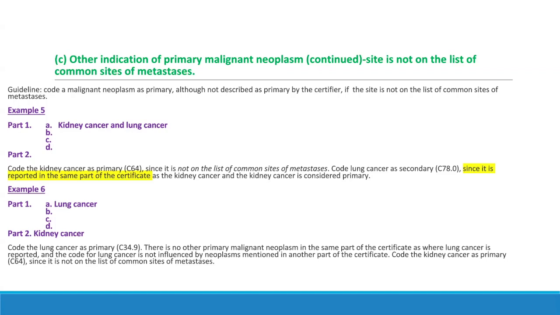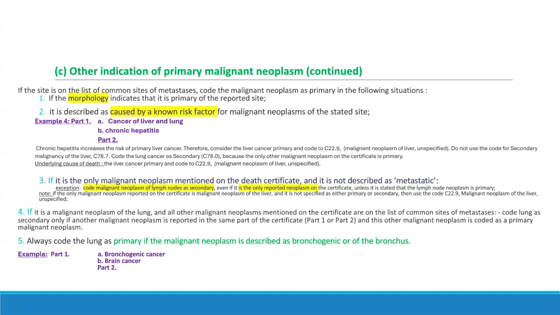These examples illustrate the coding rules when multiple cancers are reported, emphasizing the primary coding for cancers not typically associated with metastatic sites. This slide illustrates ICD guidelines for coding malignant neoplasms as primary, even if the site is typically known for metastasis under specific conditions, with two examples shown in the slide.